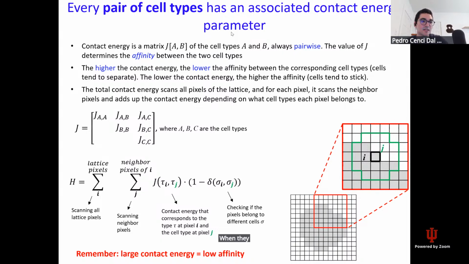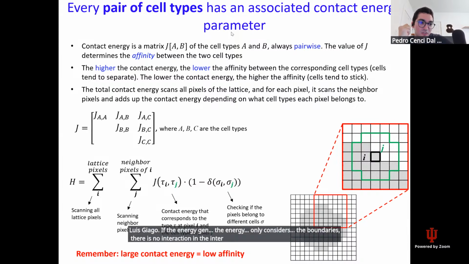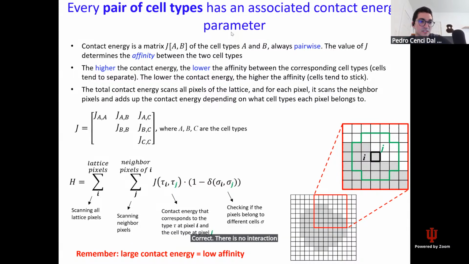When I say cell, I mean a group of pixels. If the energy only considers the boundaries, there is no interaction in the interior of the cell. Correct. There is no interaction in the interior of the cell.